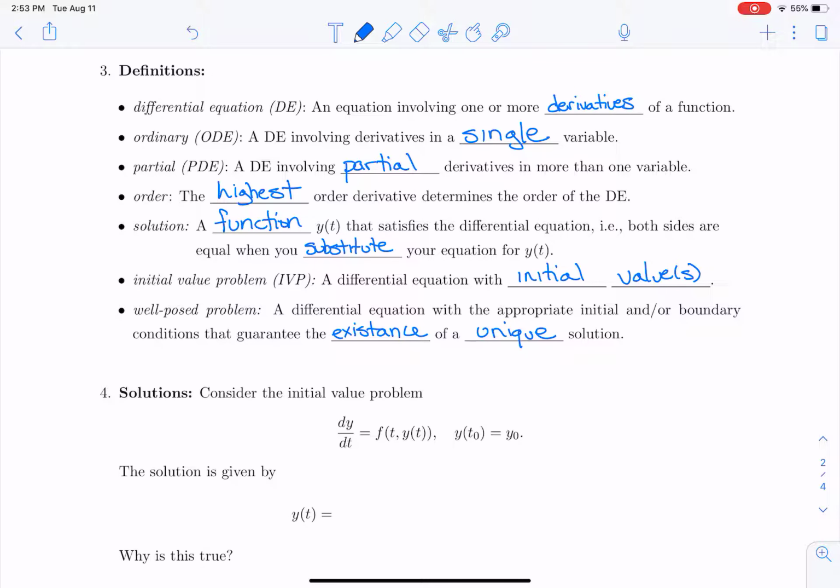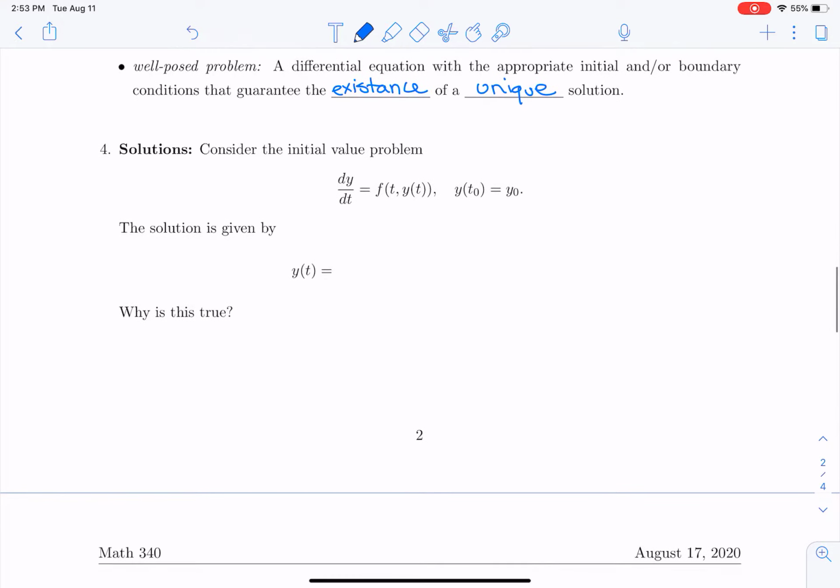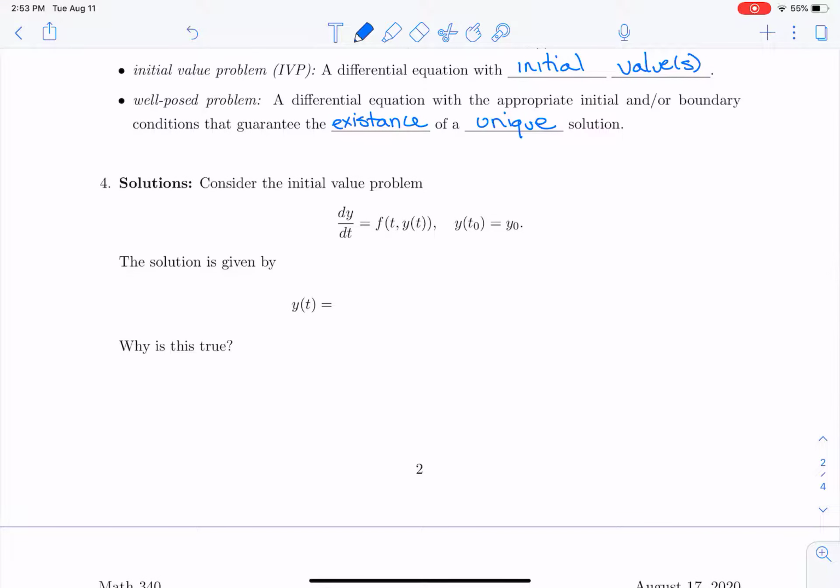Okay, so let's look at solutions to a differential equation. Most of the initial value problems that we're going to start with are going to look like this: dy/dt is equal to f of t and y of t, and y of t sub 0 is y sub 0. So we have a differential equation and an initial condition.